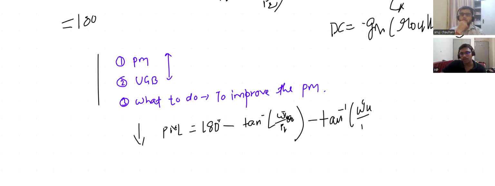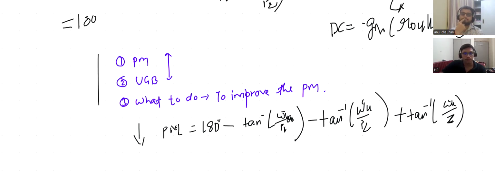This is the angle coming from the second pole, and the phase shift coming from the zero is plus tan inverse of omega u by the zero.